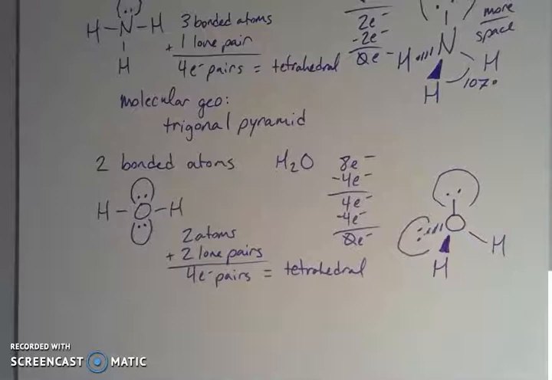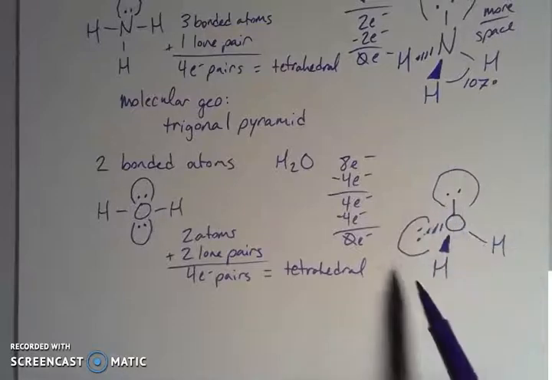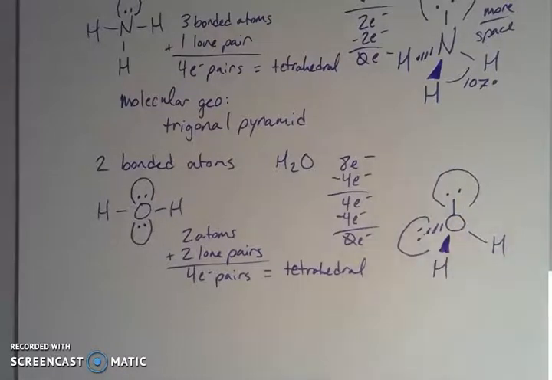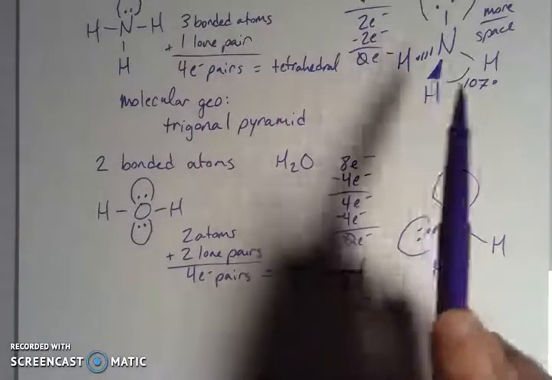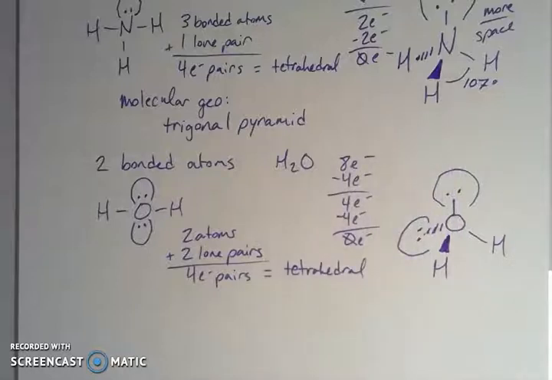So the 3-dimensional structure of this thing, I still have a tetrahedron. I would still predict that it's going to be close to 109.5 degree angles, as we saw with our ammonia up here. That's going to change slightly with a lone pair versus an atom.